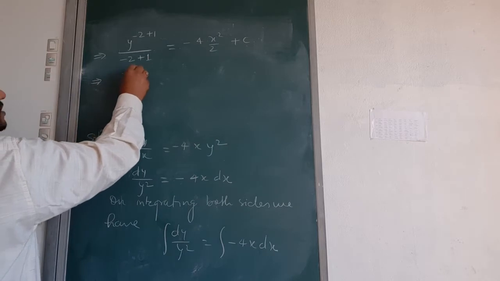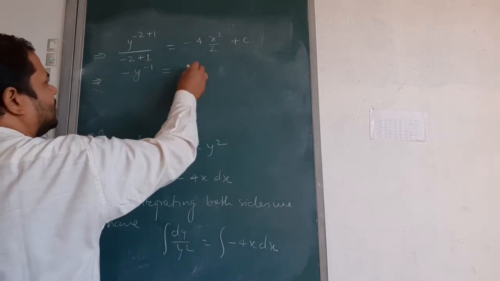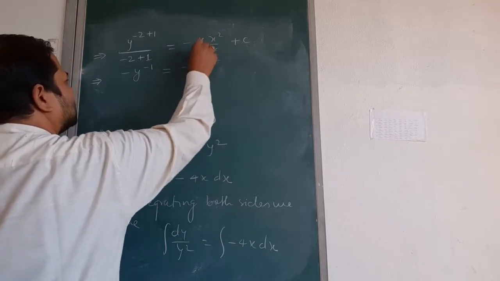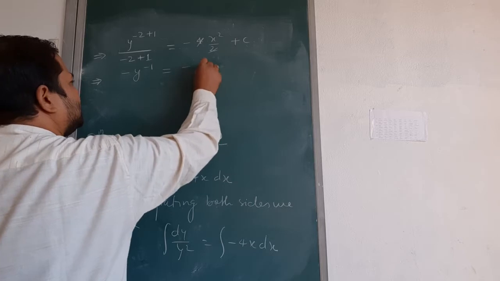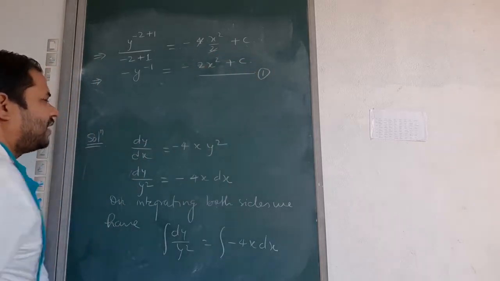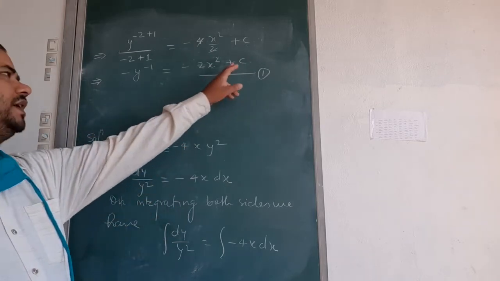So minus y power minus 1 is equal to minus 4x square by 2, this is 2x square, plus c. This is equation number 1. Actually this one is the solution, but we need to find c here.